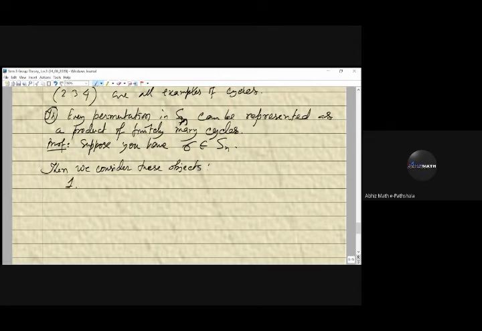That is 1, sigma 1, sigma of sigma 1, that is sigma square 1, sigma cube 1, sigma 4 1, and so on.